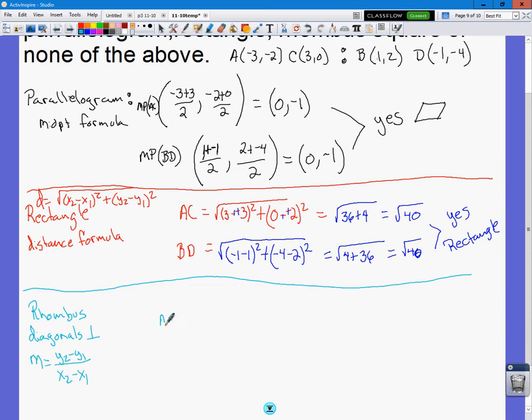And I'm going to find the slope of AC. I'm going to compare it to the slope of BD, and how would I be able to tell if they are perpendicular? They have to be opposite reciprocals of each other. So if the slope of one was 2, to be perpendicular, it would be a negative 1 over 2, the reciprocal.